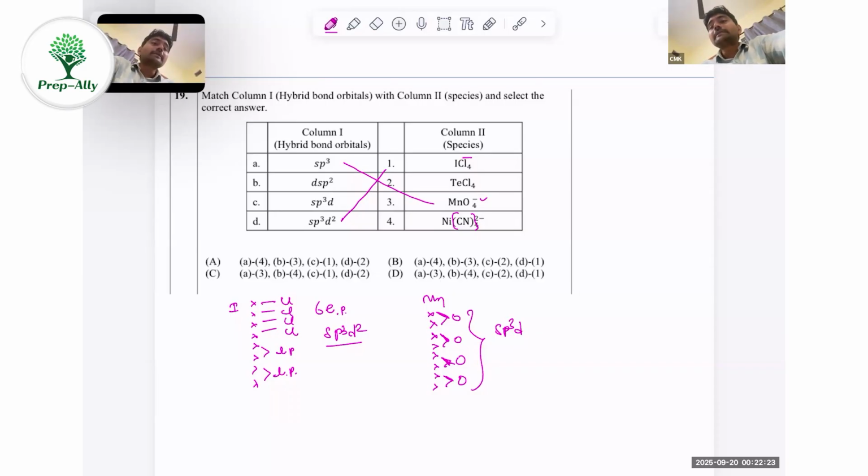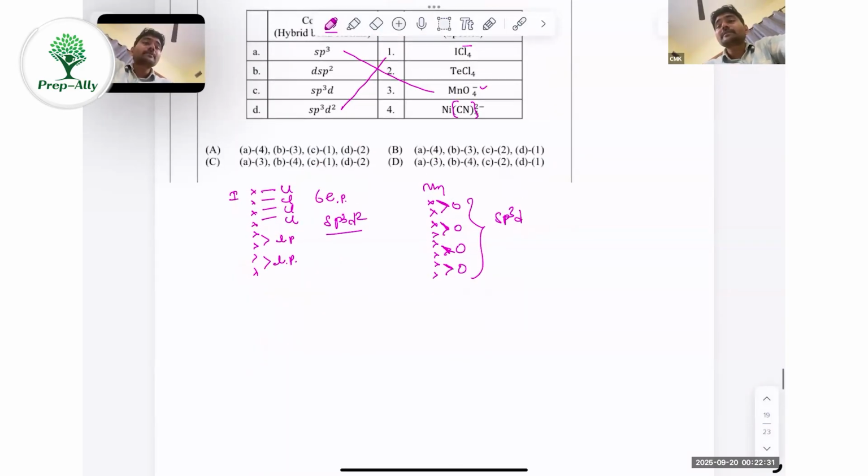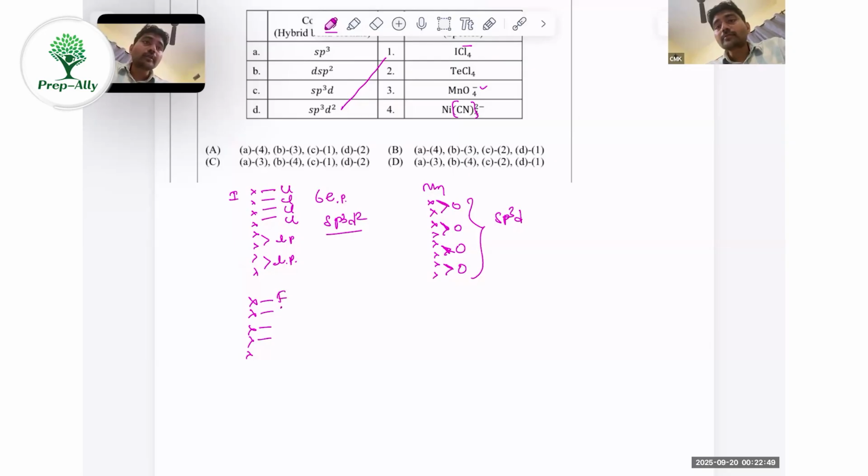Now nickel tetracyanide 2 minus and TeCl4. You will check one by one. This is tellurium, in the oxygen family: oxygen, sulfur, selenium, tellurium, polonium. Tellurium has 6 valence electrons, like oxygen. How many chlorine atoms are there? 4 chlorine atoms.